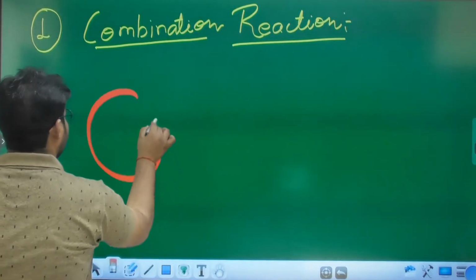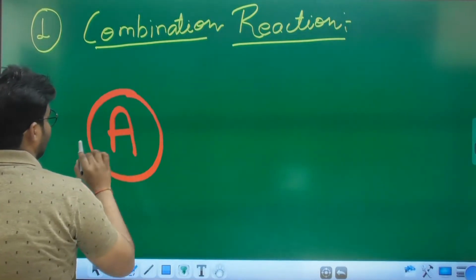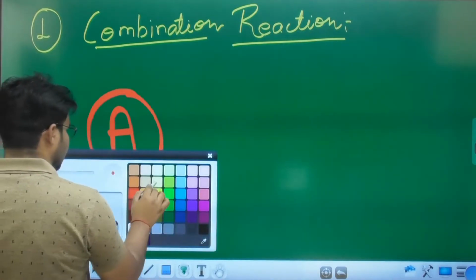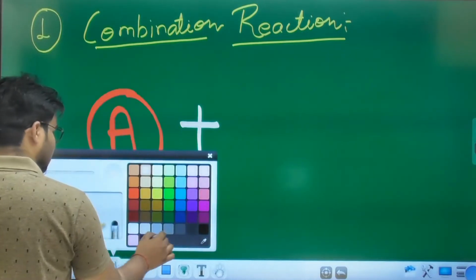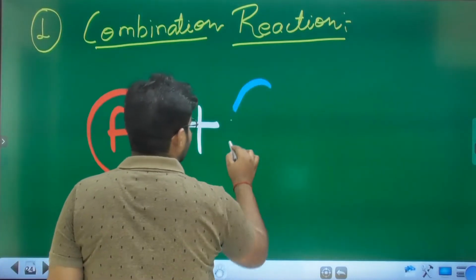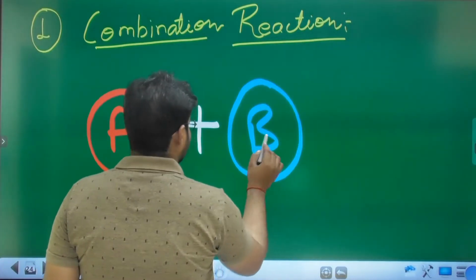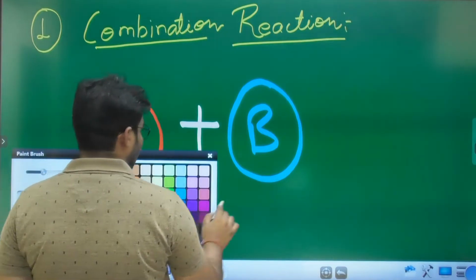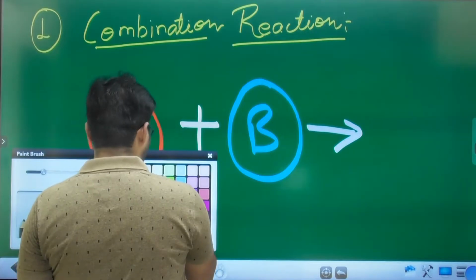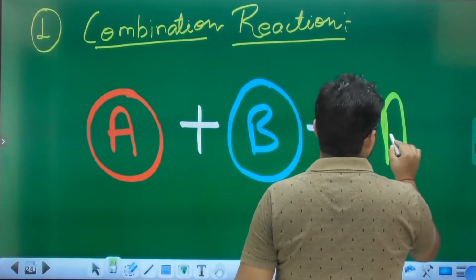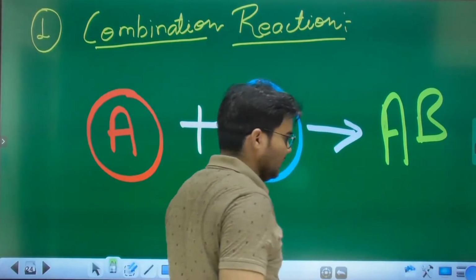When any compound A is added to the next compound B and forms a new compound, that is AB.